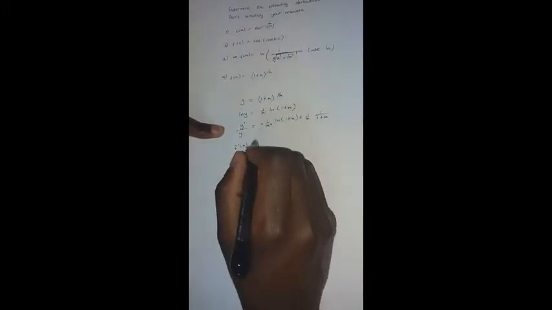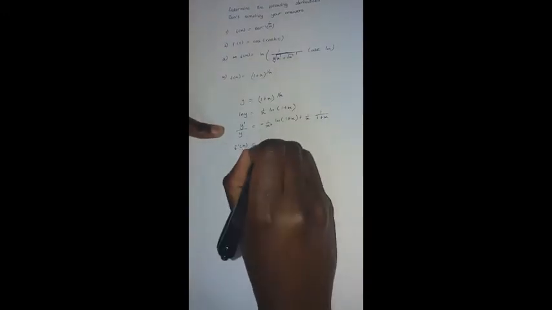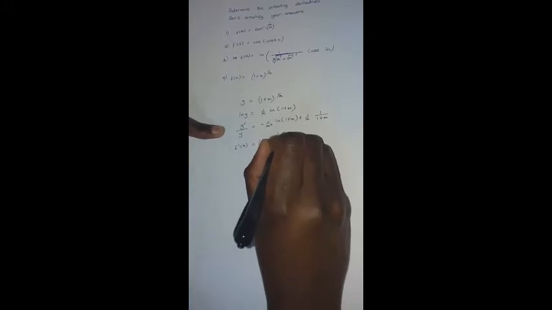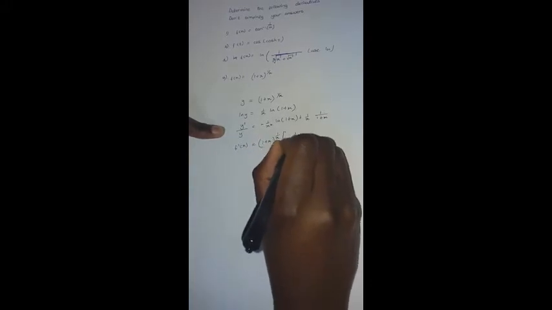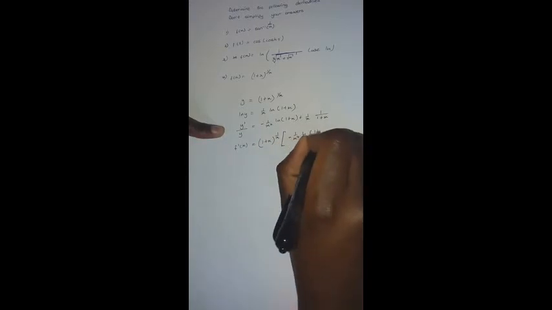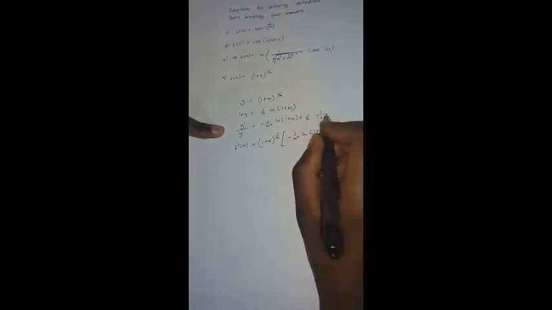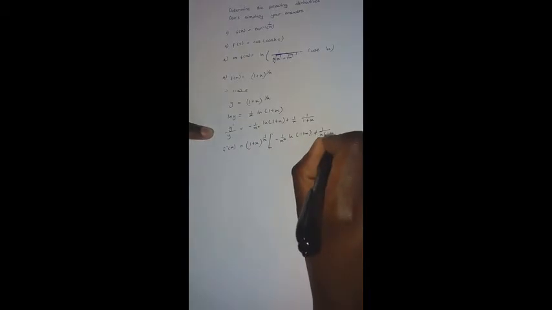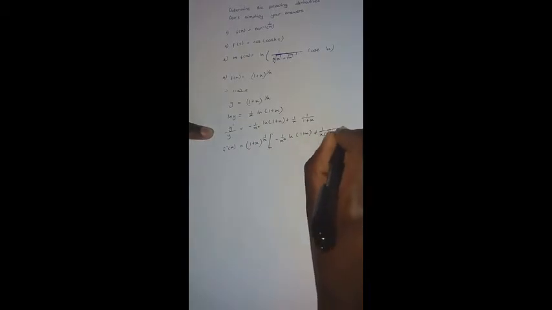This is the value of your y, hence you can just put it there as it is. So that's 1 plus x to the power of 1 over x, and then negative 1 over x squared ln of 1 plus x, plus 1 over x times 1 over 1 plus x, like that.